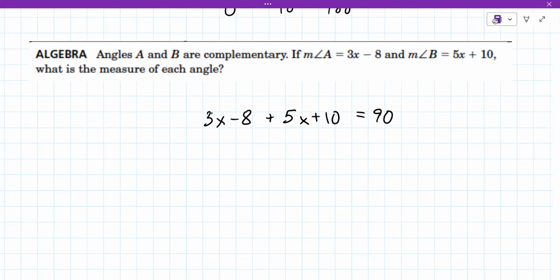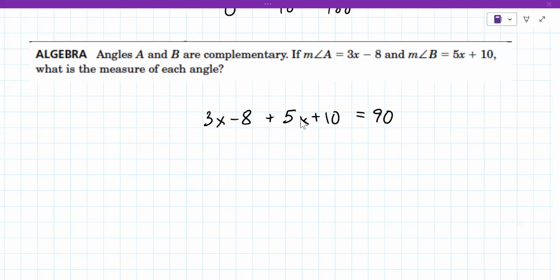What's the measure of each angle? This is a more advanced problem. Well, you can combine like terms on the left. I'm just throwing one out to see how you're doing. Why don't you see how far you can get on this?